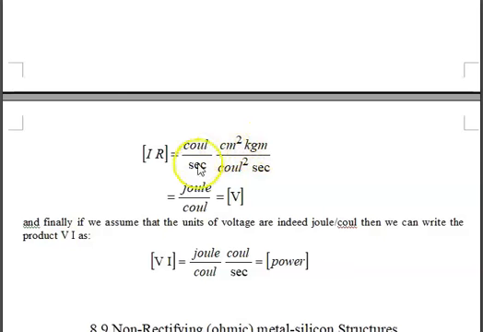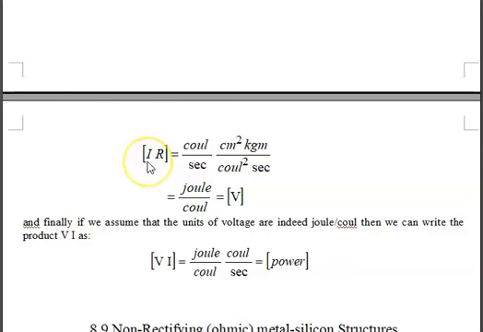Kilograms centimeters per second squared is force. Kilogram centimeters squared divided by second squared is energy. So all of this stuff here, everything other than the coulomb, is in joules.